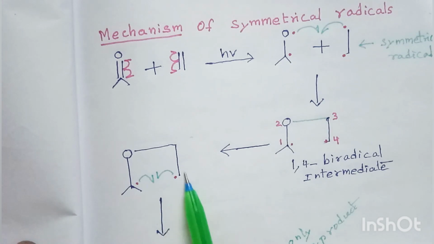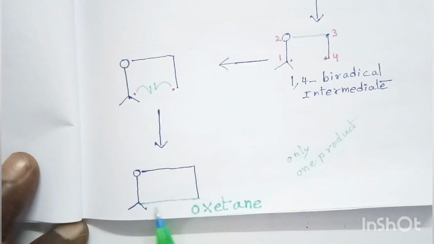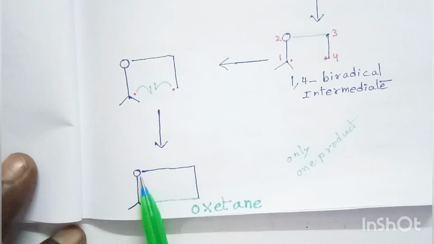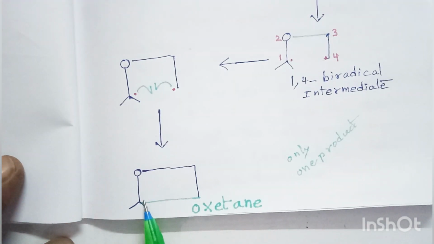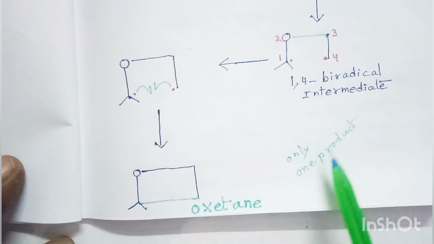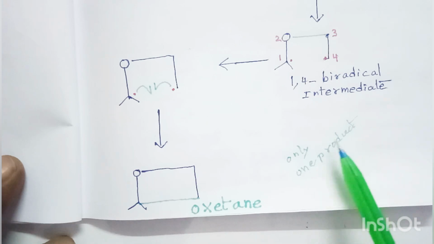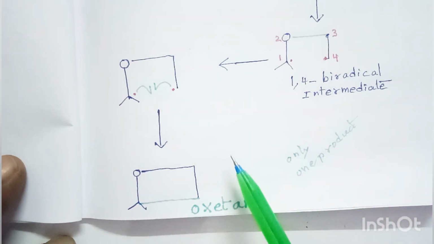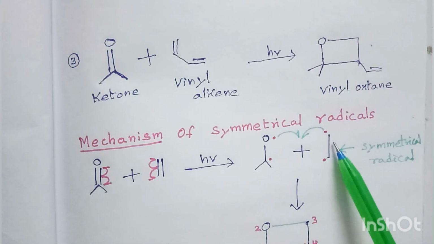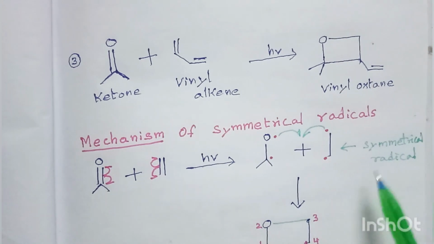They combine to form a bond and give oxetane, oxygen with 3 carbons. This is the only product, because there is no major or minor product, because the alkene here is symmetrical.